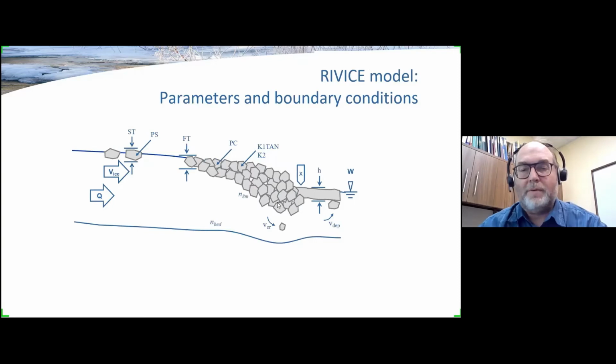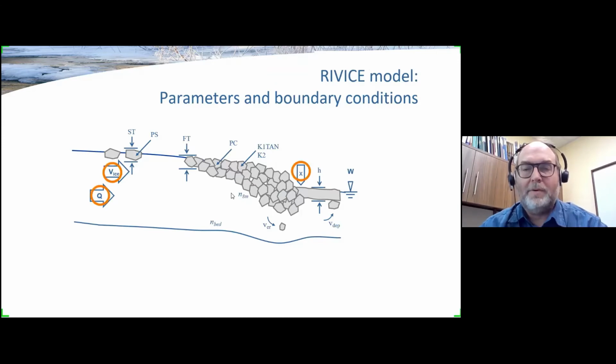We also have a lot of parameters. I'm not going to go too much in detail into those, just maybe specifically to say there's some thicknesses of your rubble or your front, porosity of them as well here. There's some roughness coefficients and velocity threshold coefficients as well, thickness of your downstream intact ice cover.